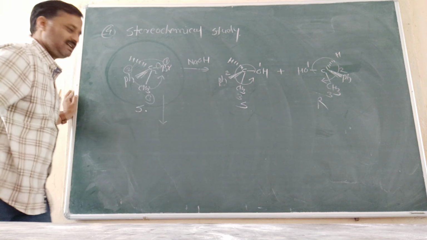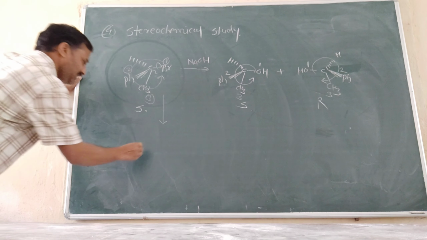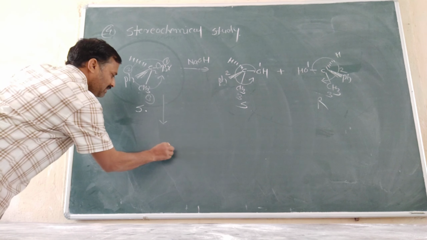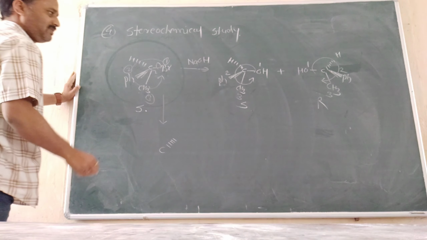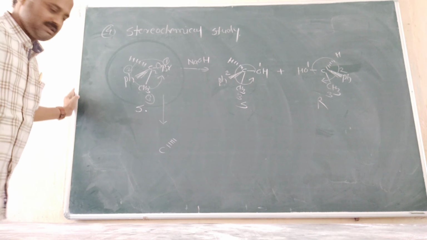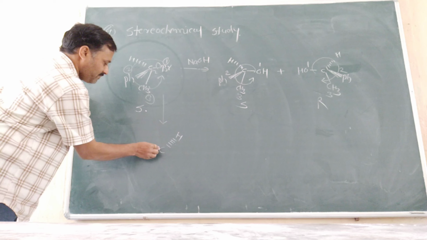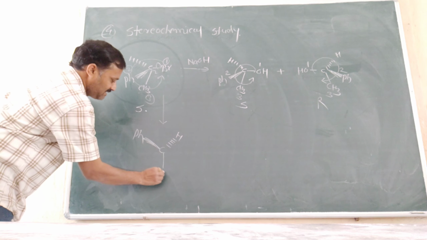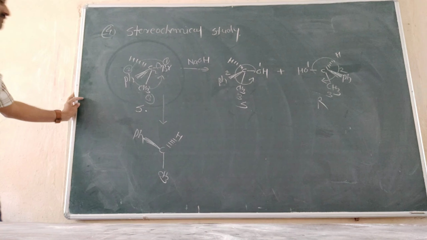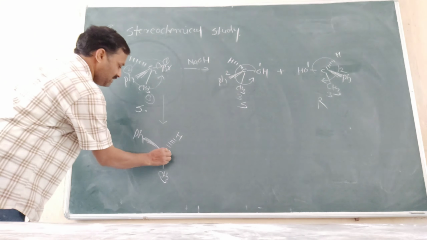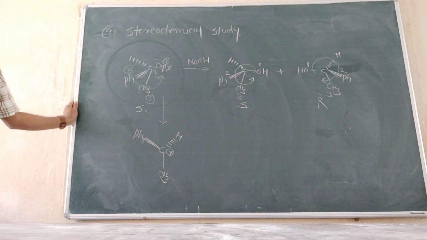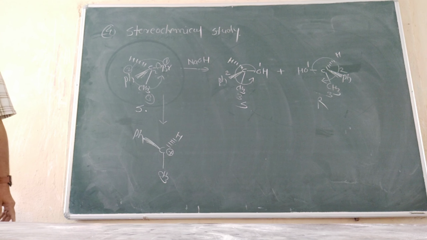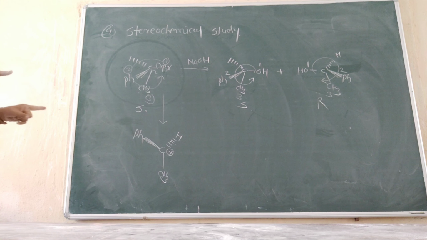The first stage is the formation of carbocation. We get H, C6H5 and CH3. We get this planar carbocation.